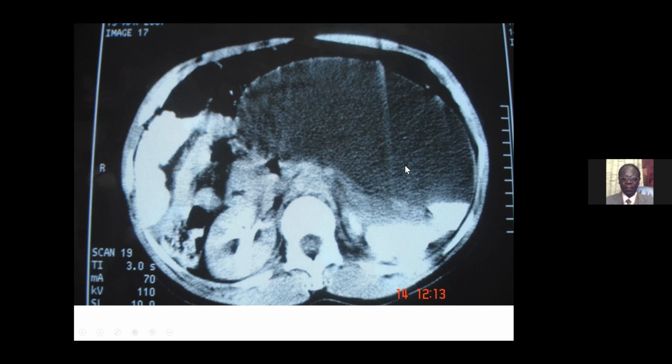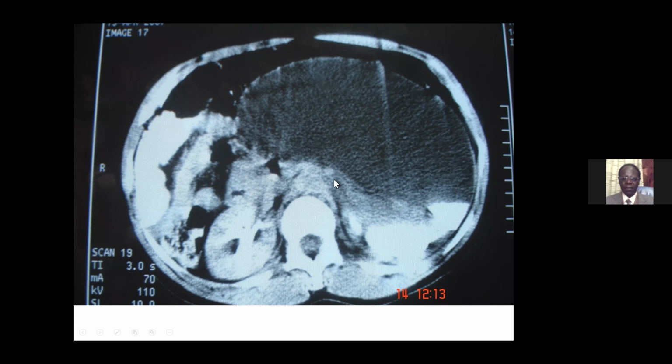Chronic pancreatitis is complicated by having calcifications, multiple calcifications in the body. And when we do an image, we see the calcifications, and the pancreas shrinks into a smaller organ. In acute, it swells.